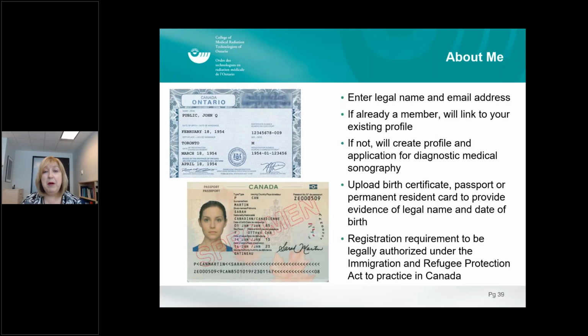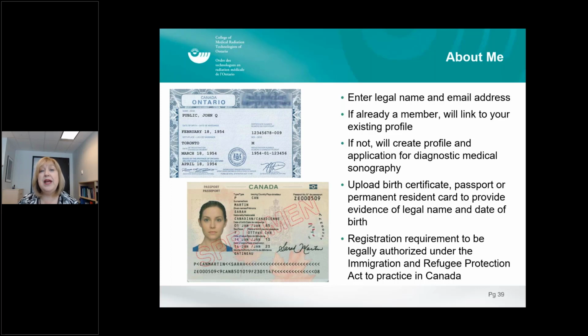The first section is about me. And so you need to enter your legal name and your email address. If you're already a member of CMRTO, it will link to your existing profile, and you'll just be adding this specialty. If not, you'll be creating a new profile and an application for sonography. We also need you to upload your birth certificate, passport, or permanent resident card to provide evidence of your legal name and also your date of birth.